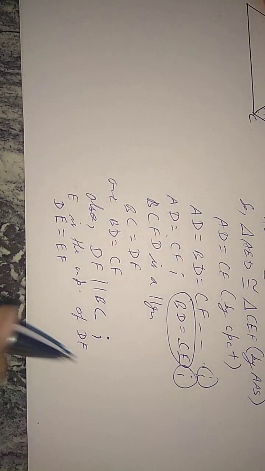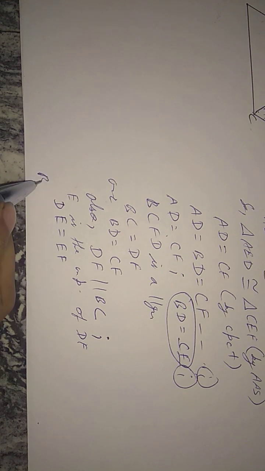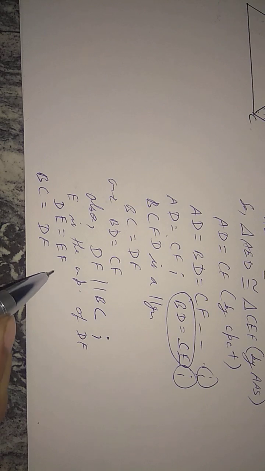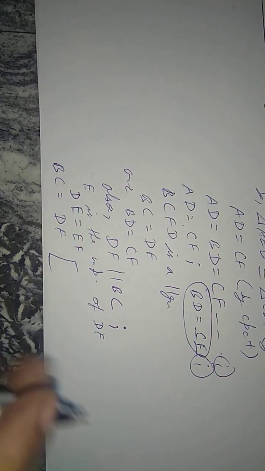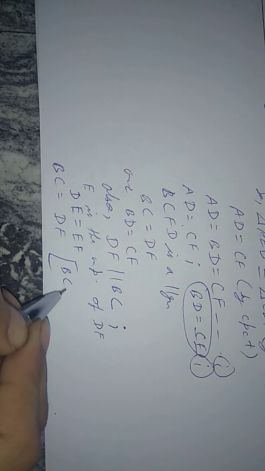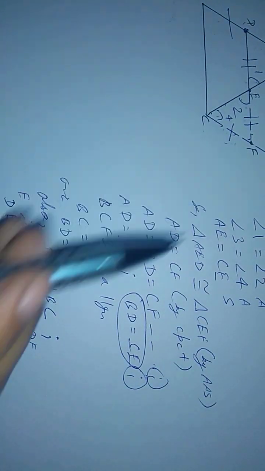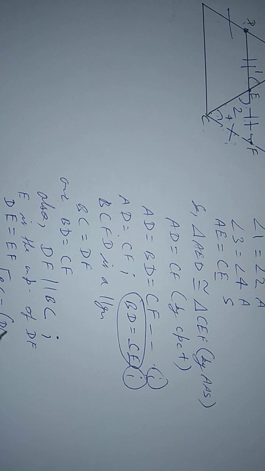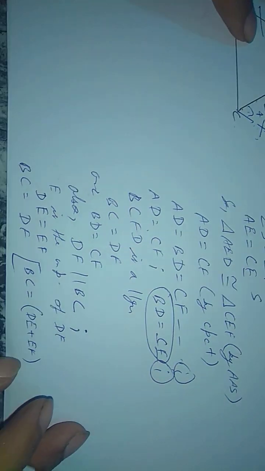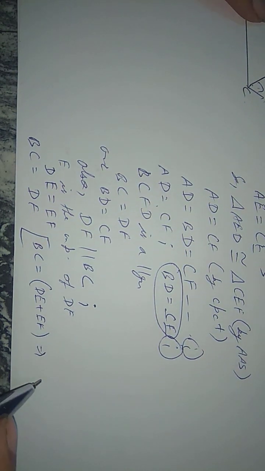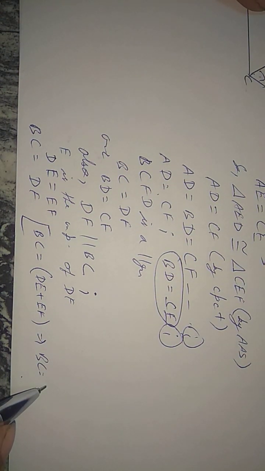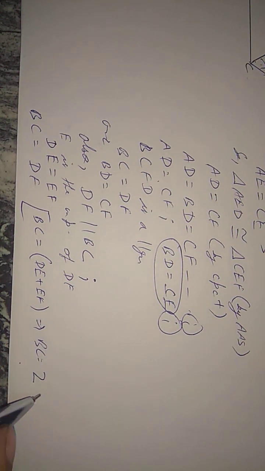Now I will prove some points like see here. BC is equal to DF. BC is equal to DE plus EF. Now DE and EF are equal, which means that BC is equal to 2DE.